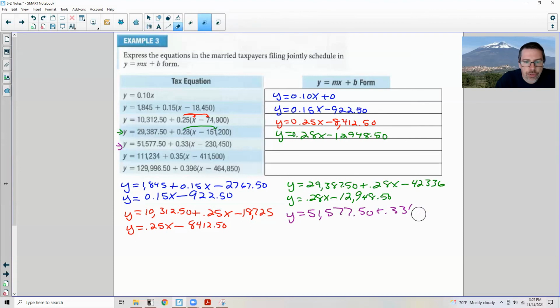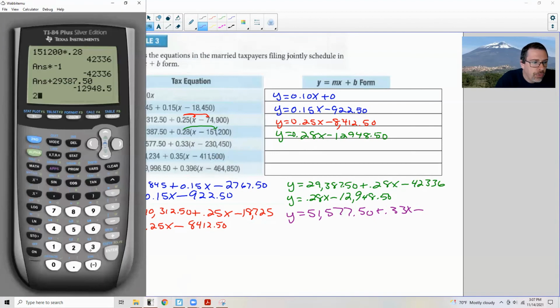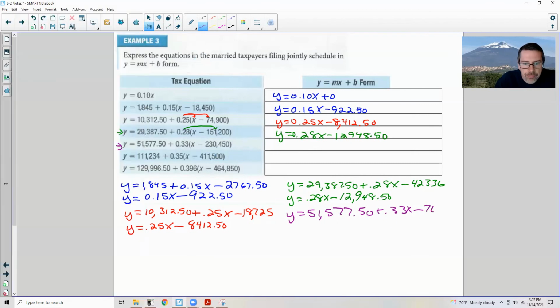Let's just do the distribution here. 0.33x minus 230,450. 230,450 times 0.33 gives me 76,048.50.